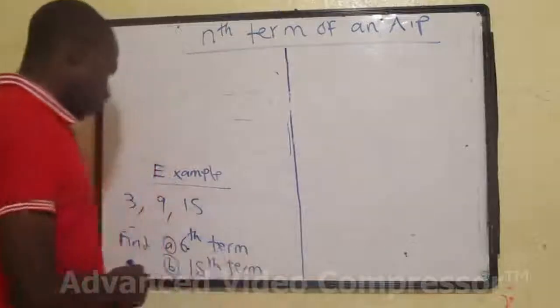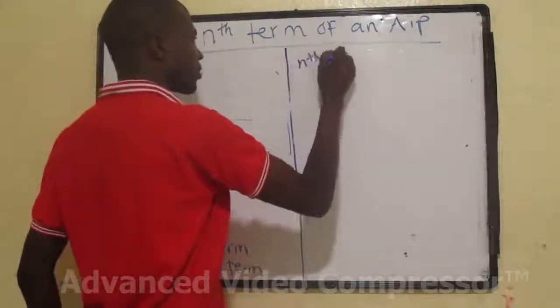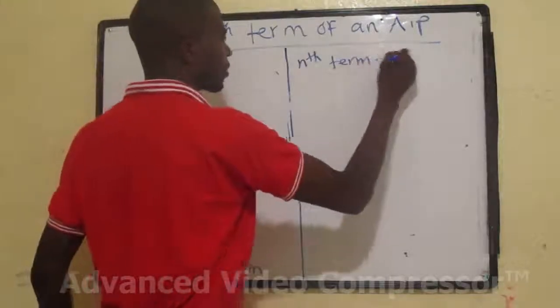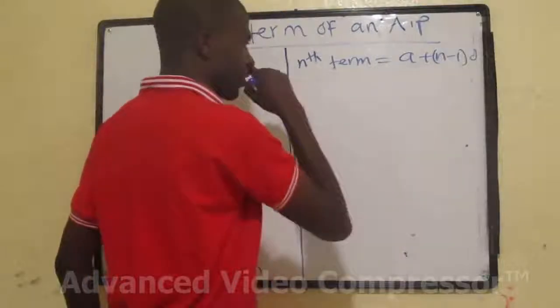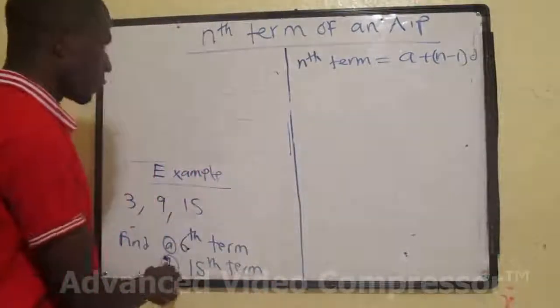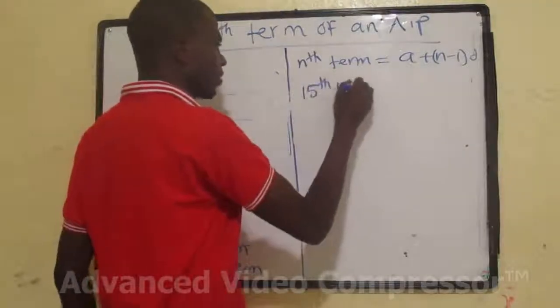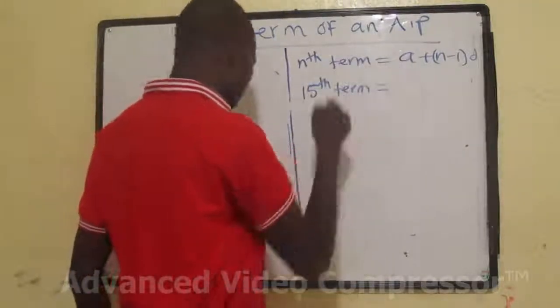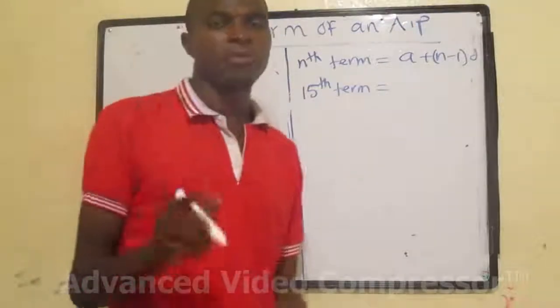So what do we have? We have the nth term. I will write the formula. The nth term is equal to a plus n minus 1 d. We want the 15th term, so we're going to say 15th term is equal to, what is our a? The a is the first term.